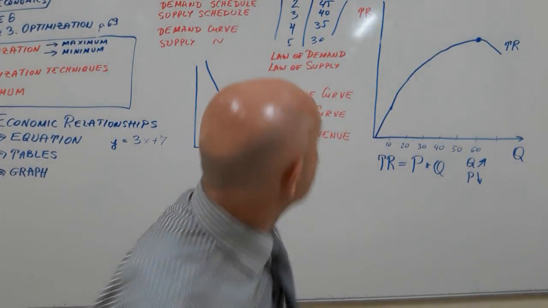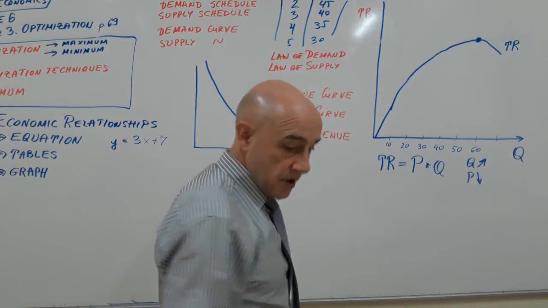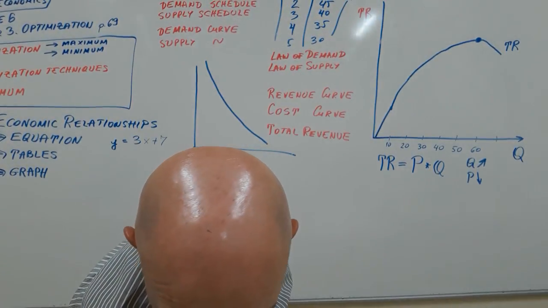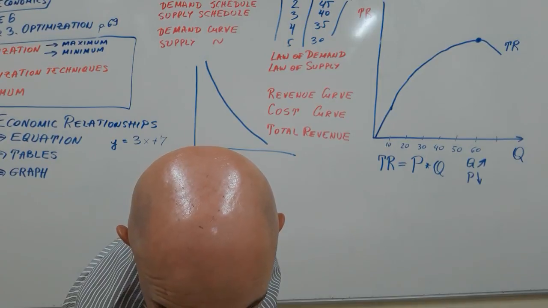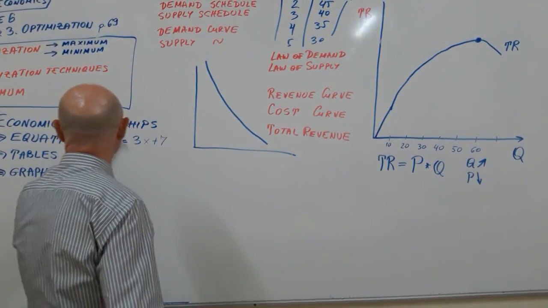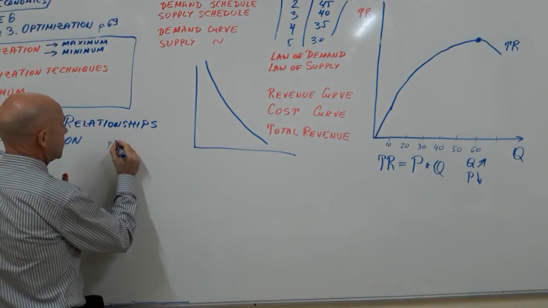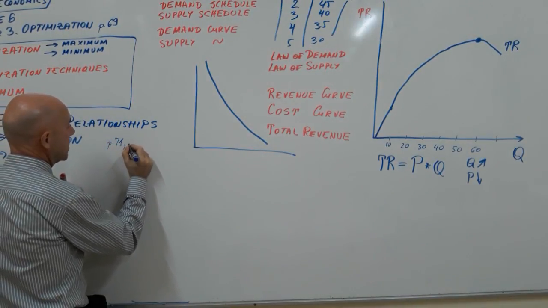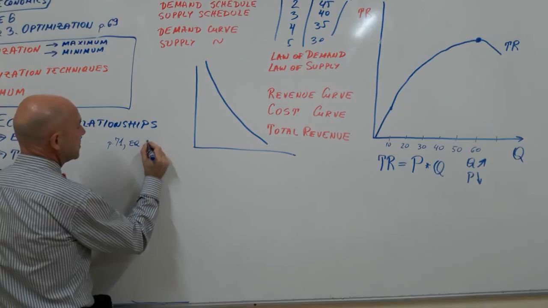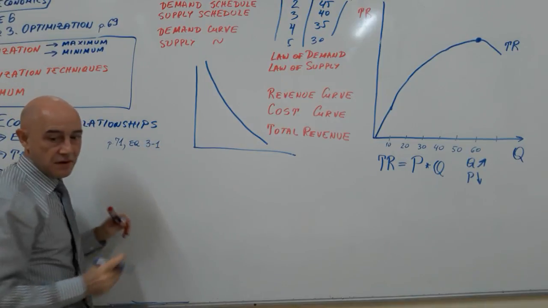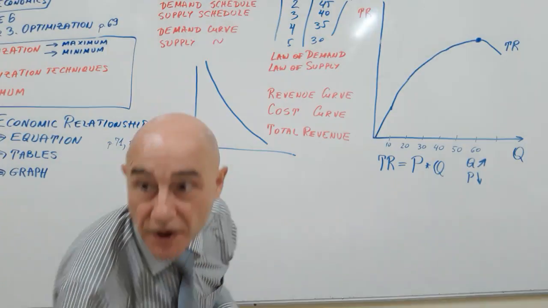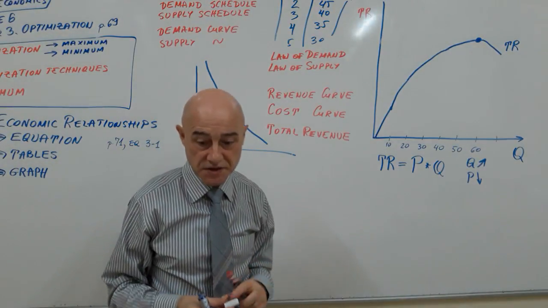Now, this for a table is page 70. Okay, page 71 for the equation. Page 71, equation 3(1). That's on page 71. If you have a textbook, you can actually open it and see it.